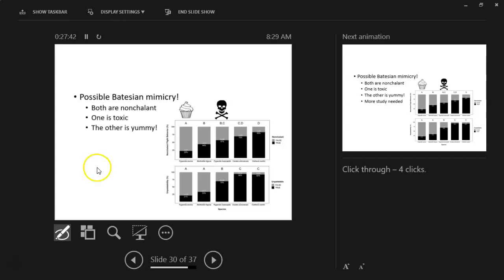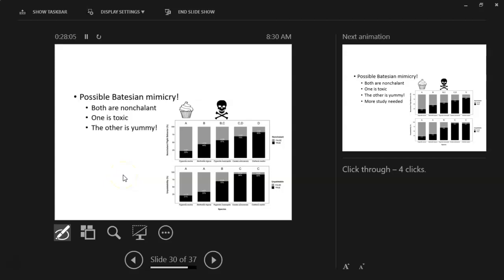So even though the species on the far left is showing nonchalant flight behavior, perhaps to suggest to bats that it's toxic and not worth an attempt to eat, it would actually be eaten by the bats about 4 out of 5 times.